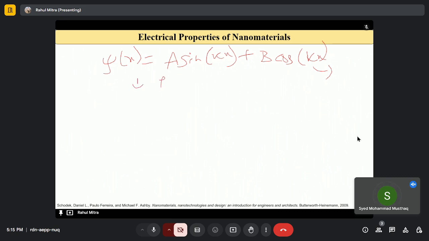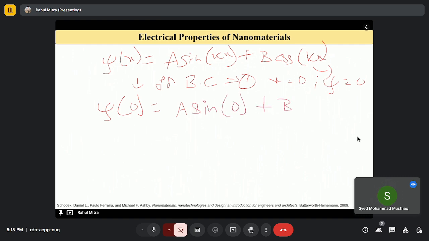For boundary condition 1, at x equal to 0, psi equals 0, right? So psi of 0 equals a sin 0 plus b cos 0.